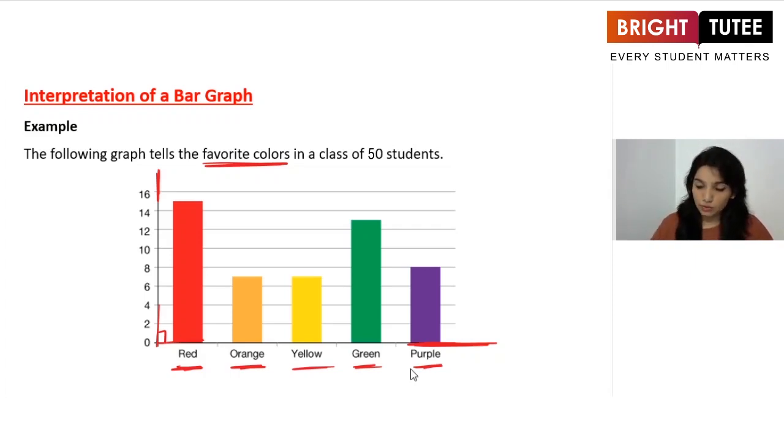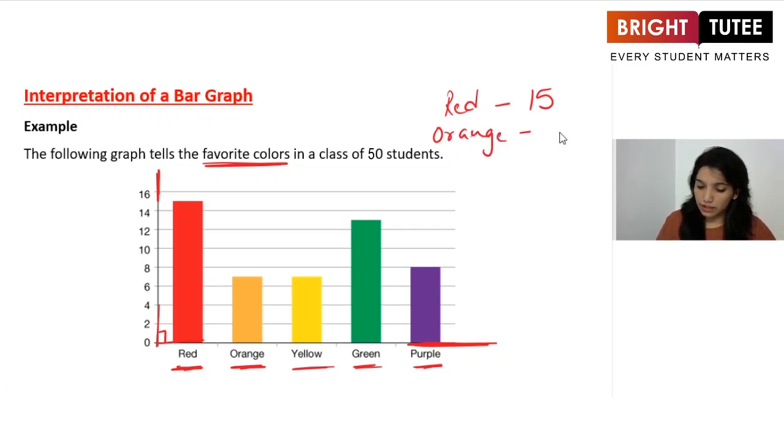Okay, so now let's say if I make a table here, so let us say how many students liked red color. So let's say the answer was 15 students said that they like red color.